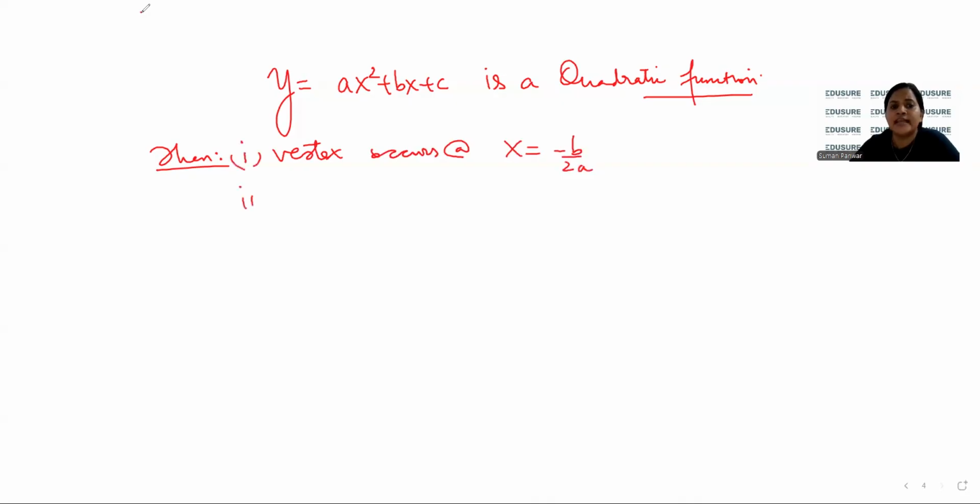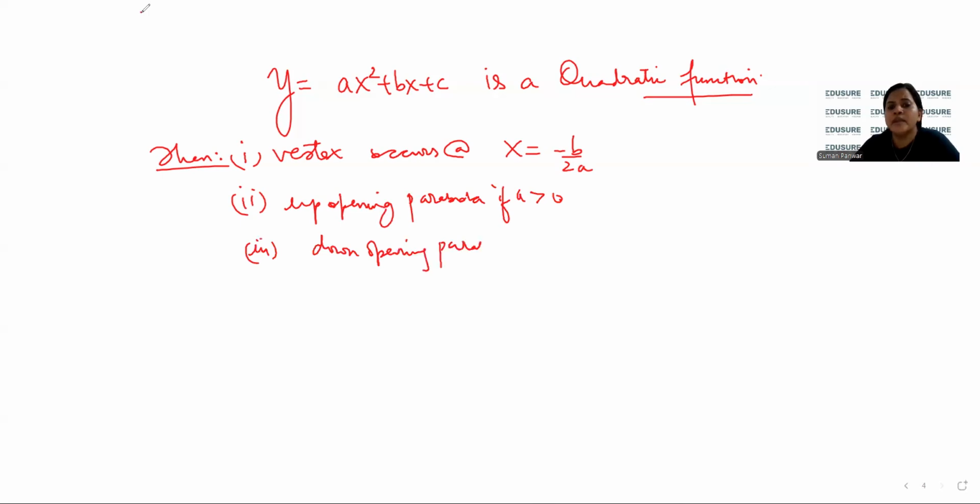First. Second, it is an up opening parabola if a is positive. Third, it is a down opening parabola if a is negative.